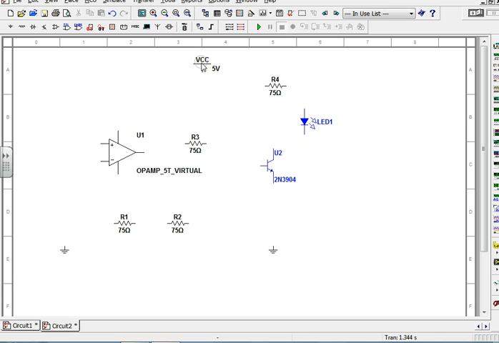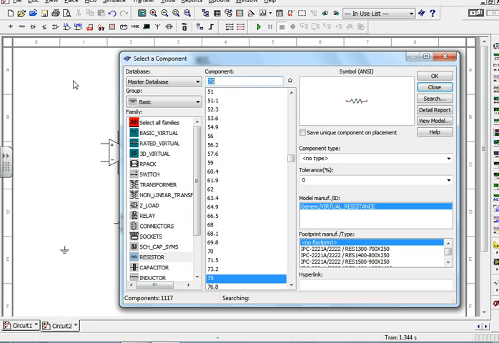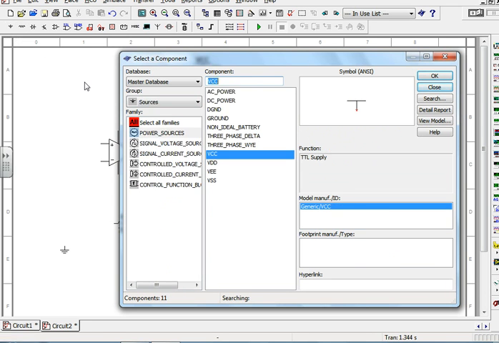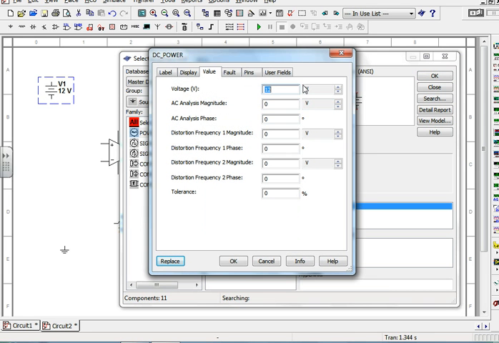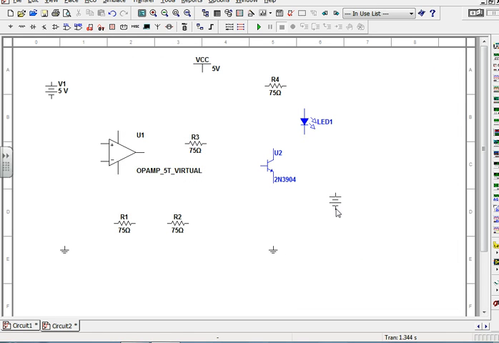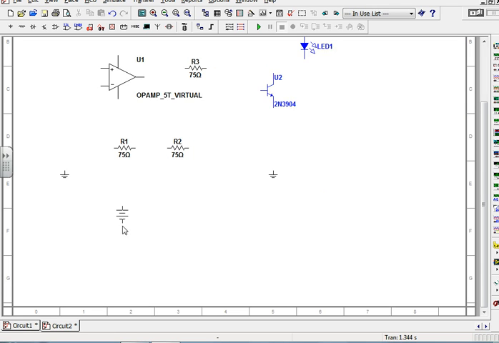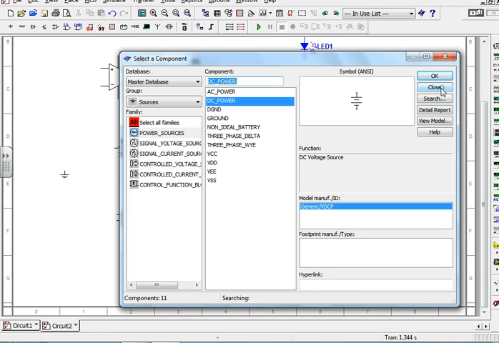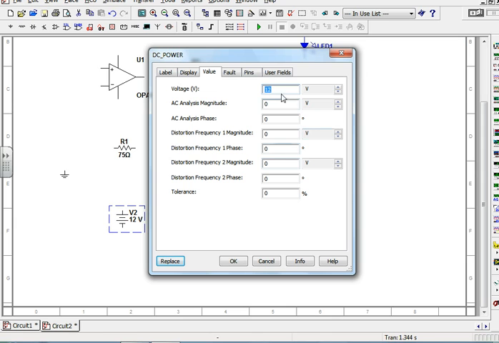I should probably not use that guy. I should probably use a different 5 volts. Oh, bummer. Then I need a negative 5 volts. All right, well, here's the negative 5 volts. Okay. So now I got a positive 5 volts and a negative 5 volts. I'm going to cheat and call that minus 5.